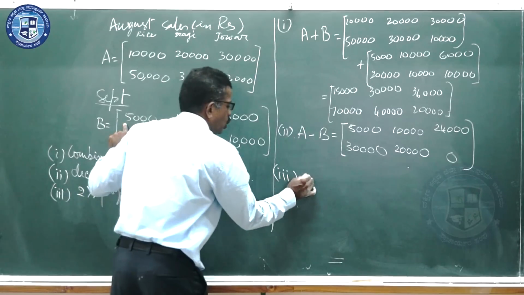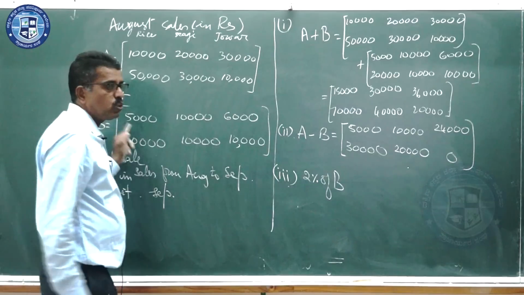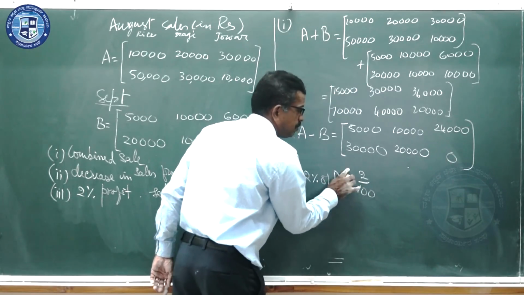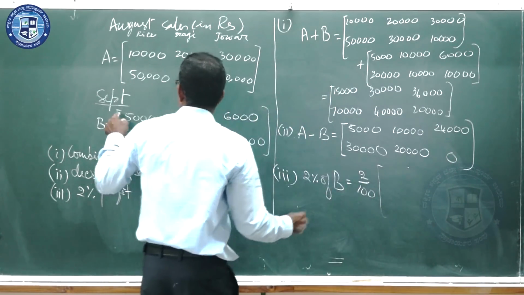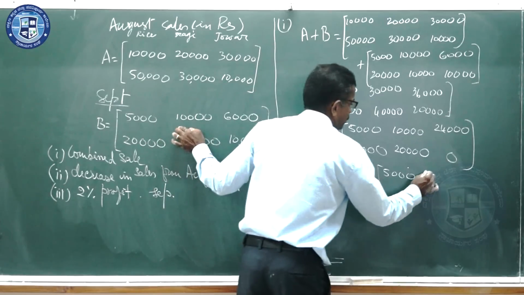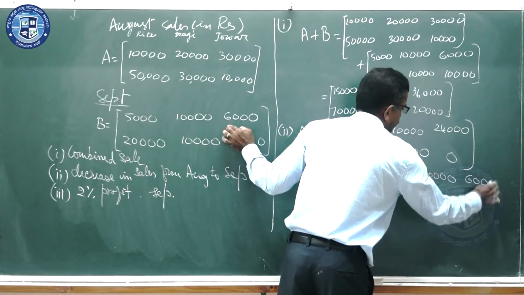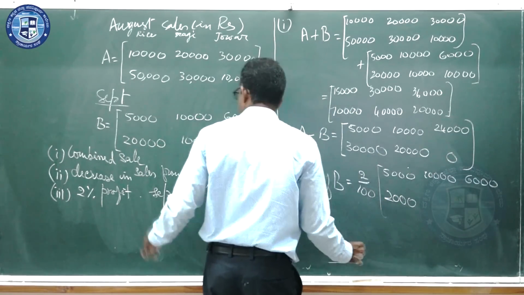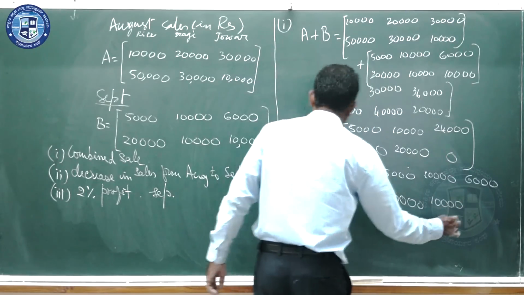Therefore, we expect here 2% of B. 2% of B means 2 by 100, percent means divided by 100, 2 by 100 into B. B is given by what? 5,000, 10,000, 6,000, 20,000, 10,000, and then 10,000.